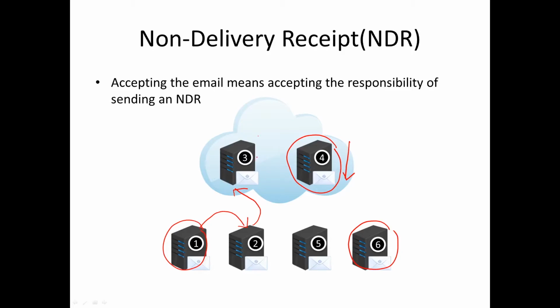But upon sending the message from SMTP server 3 to SMTP server 4, it cannot be sent because the server is down. So SMTP server 3 will determine that the host is not reachable. The question is, which will be the one responsible for sending an NDR? Obviously, it is SMTP server 3, because it is the one which lastly received the email.